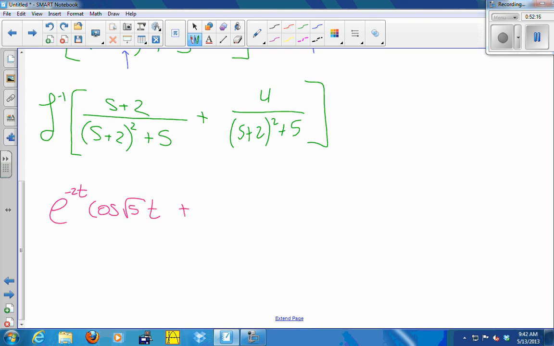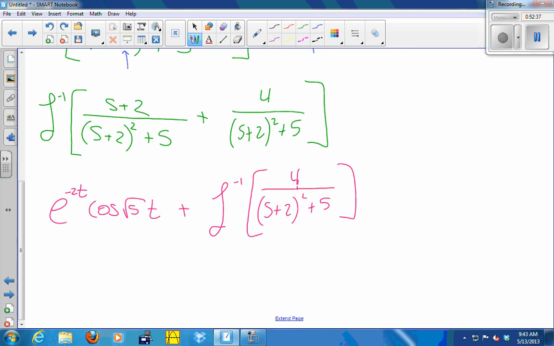Plus the inverse Laplace transform of this, which does not look perfectly like something in the table yet. I just have a constant on top, so I can't make it look like s plus 2 on top. There's nothing I can do.